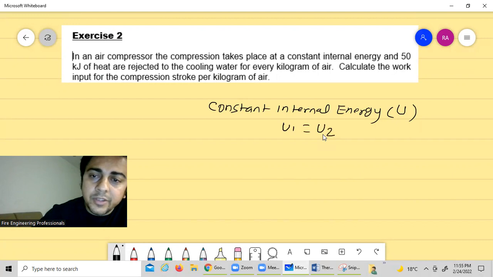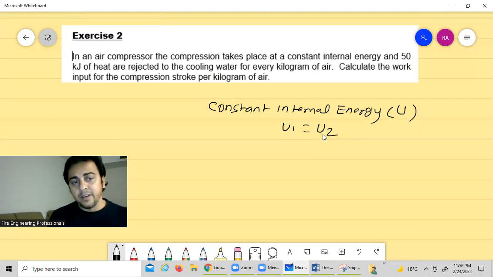U1 and U2 are the same because in this question they have assumed so. If you understand what an air compressor is, it is a device which compresses the gas, reduces its volume, and increases the pressure. That is the purpose of the air compressor. So we don't have any heat addition to that, but we have a negligible amount of heat generated because of compressing the gas to smaller areas.